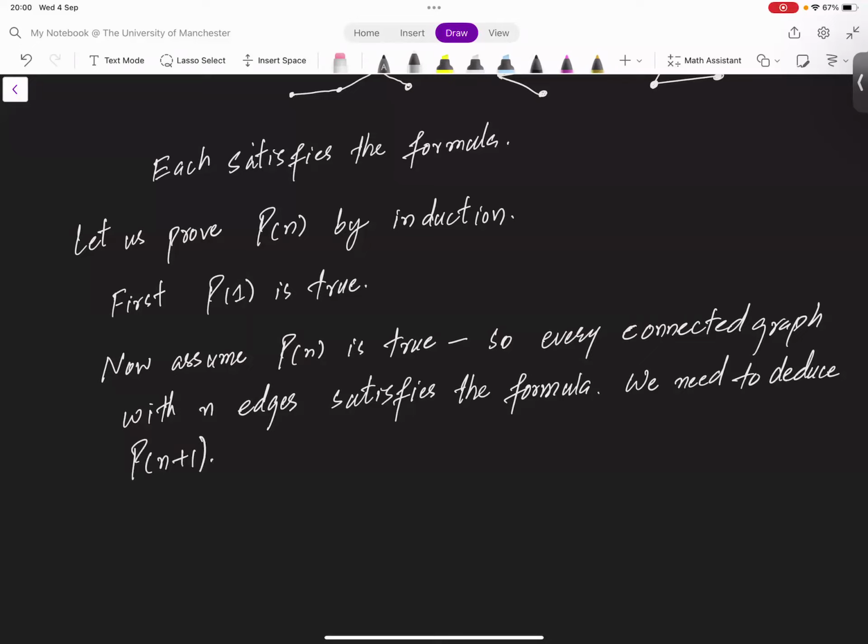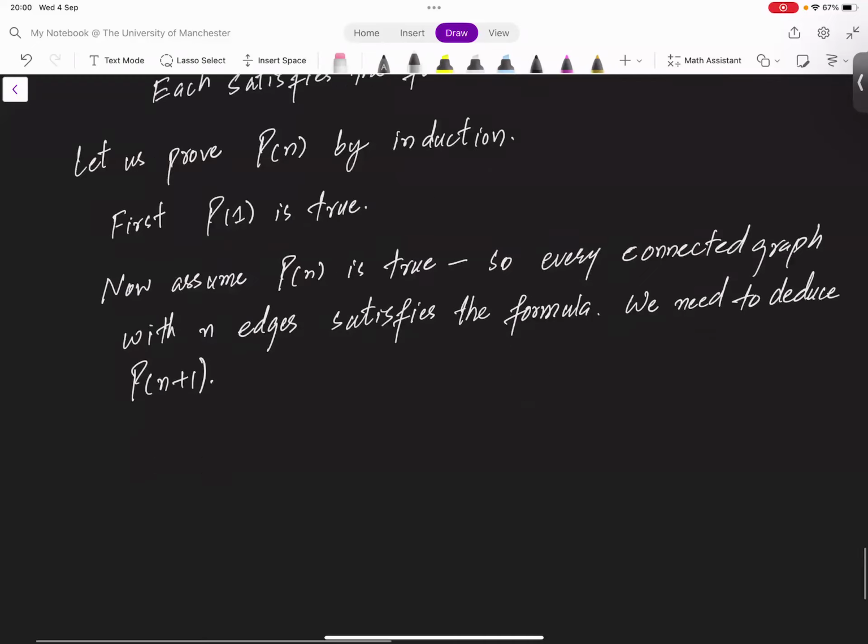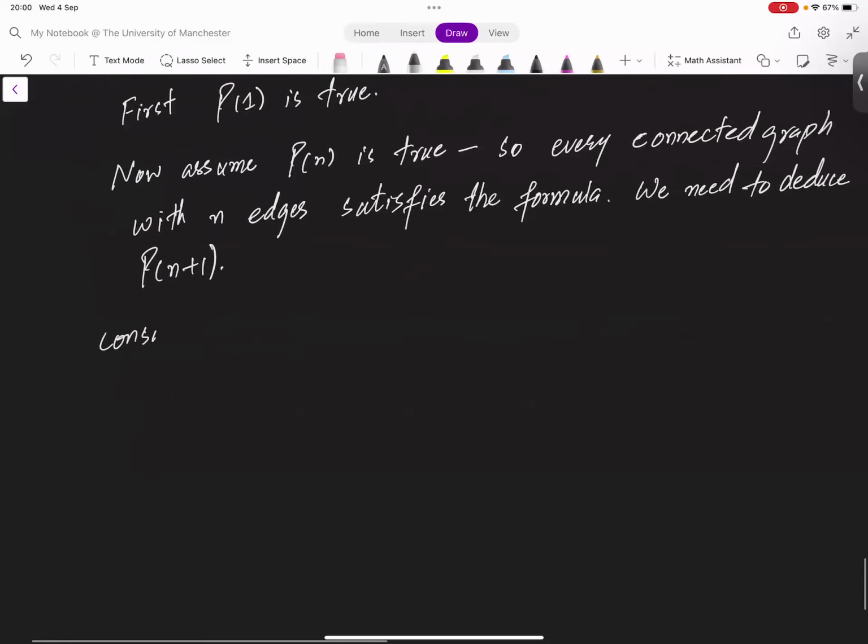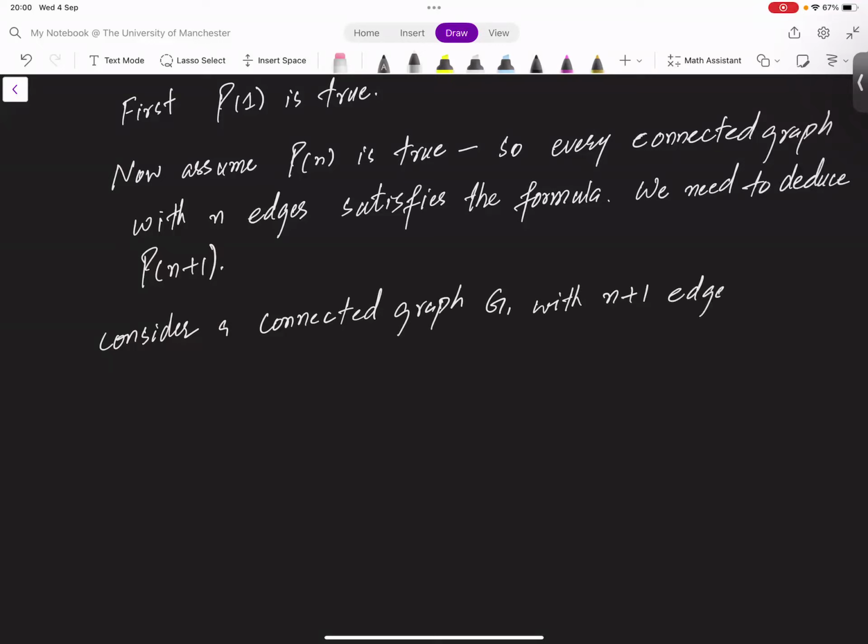Right? So consider a connected graph G with n plus 1 edges, and say G has V vertices, E edges and F faces.